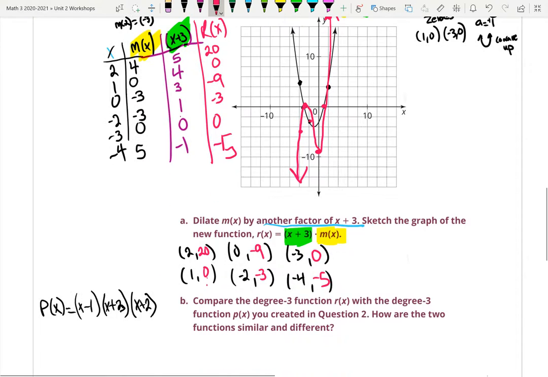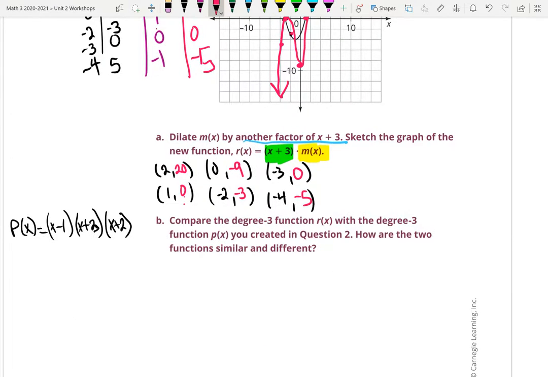So, D. Compare this function that we created with the degree function that you created in question 2. How are they similar? Well, let me go ahead and look at what it is. R of x is equal to x plus 3.